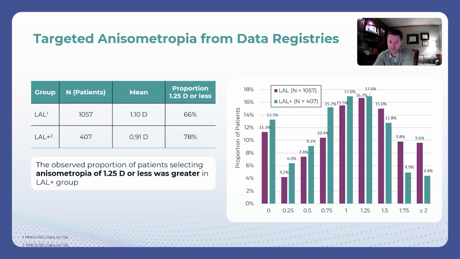Looking back at all the data in both registries, the observed average myopic target for the non-dominant eye in an LAL was 1.1 compared to 0.91. So we're going almost 0.2 diopters less myopic. Eva, Seamus, is that consistent with what you see in your practice?